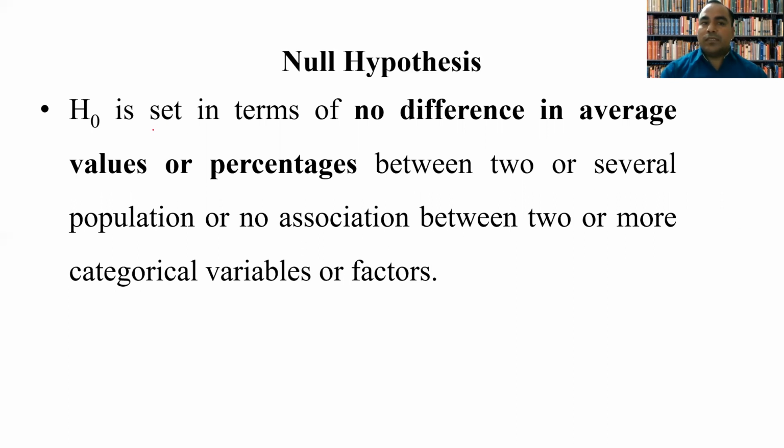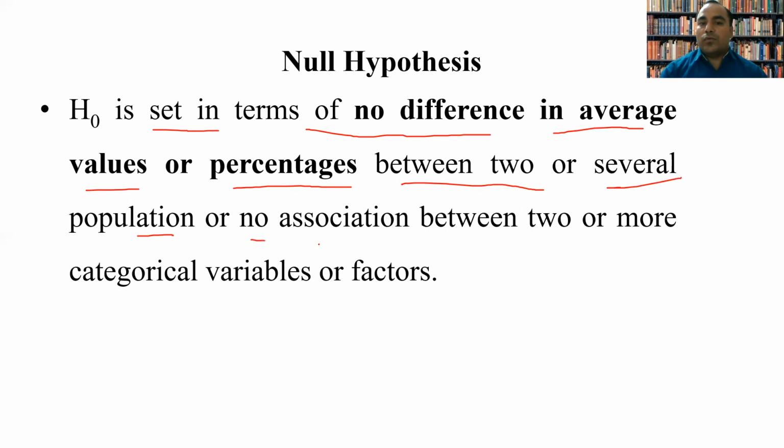Null hypothesis is stated in terms of no difference in average values or percentage between two or several populations, or no association between two or more categorical variables or factors.